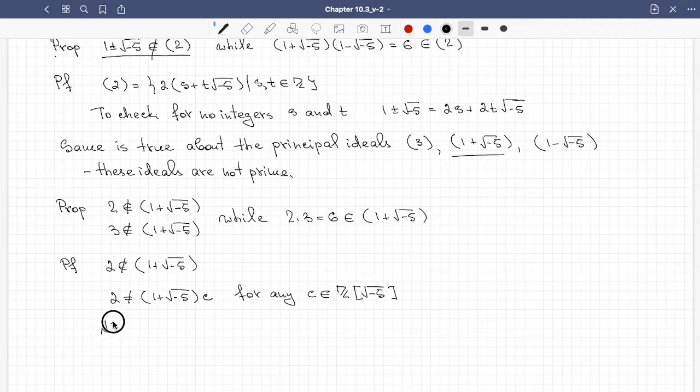So I want to say that the norm of 2 is not equal to the norm of 1 plus root of negative 5 times the norm of c for any c.